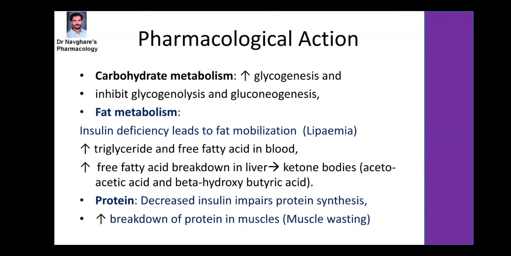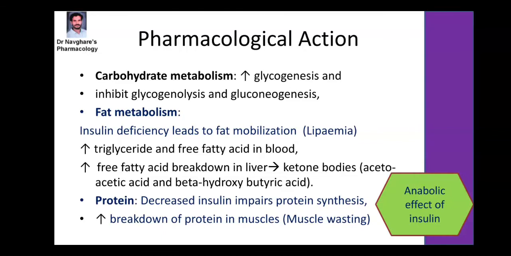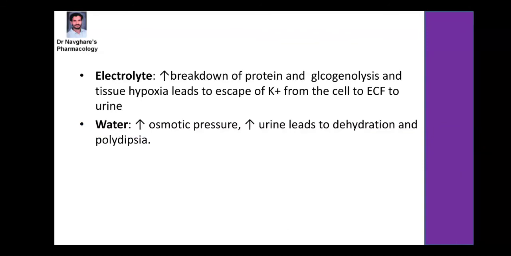Further, in protein metabolism, deficiency of insulin causes impairment in protein synthesis, due to which a muscle wasting condition may develop. So insulin is considered to have an anabolic effect, like an anabolic steroid. Insulin also helps in electrolyte and water balance.